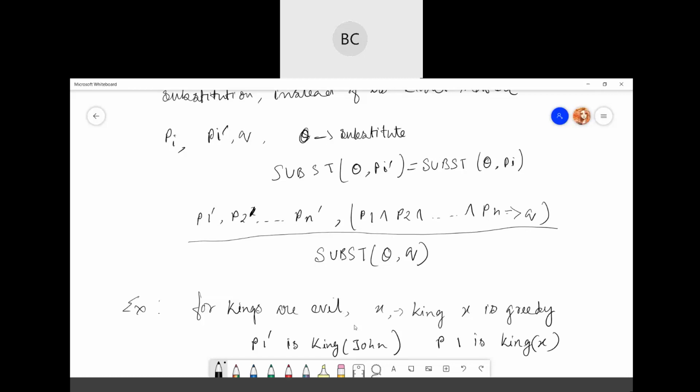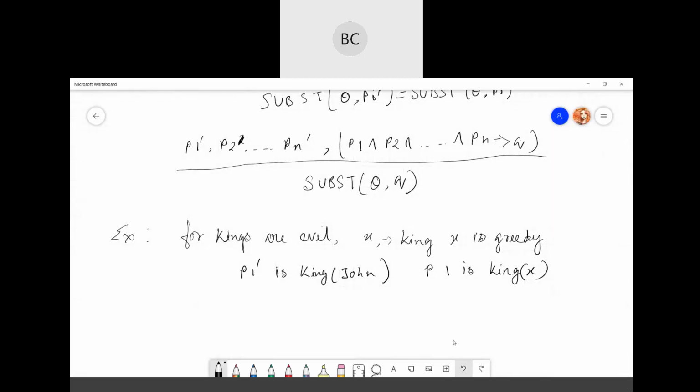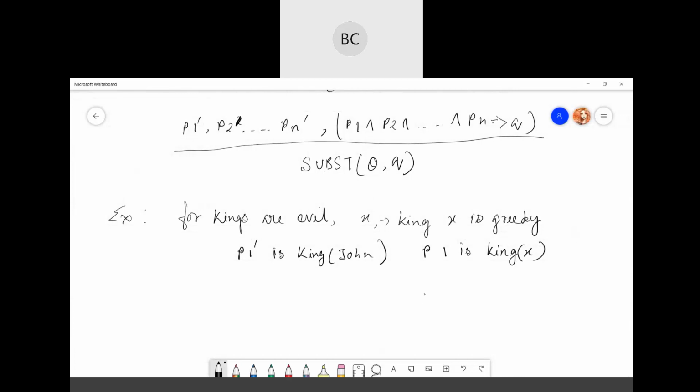Then P2 dash is Greedy y, another variable, and P2 is Greedy x.